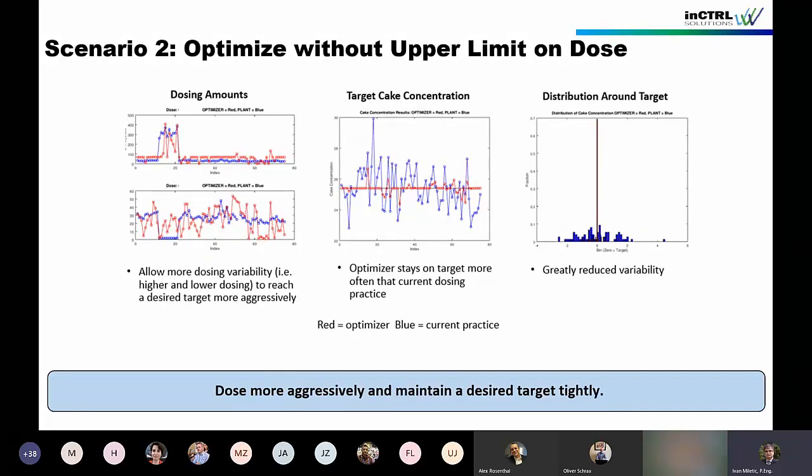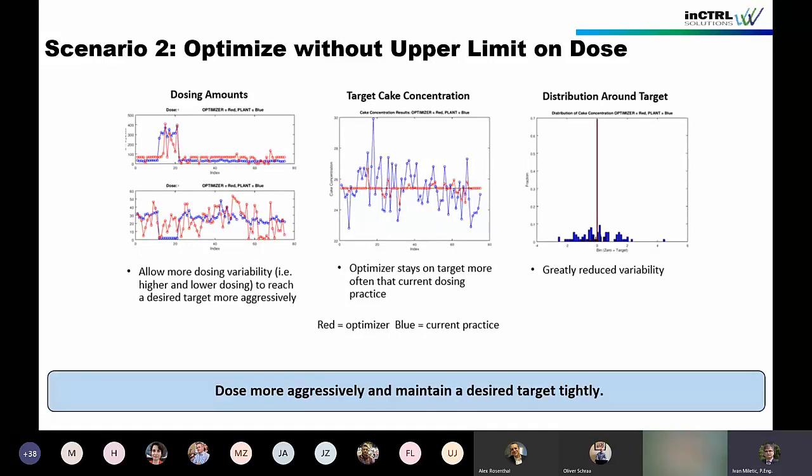The second outcome is that when we lift that constraint and allow this model predictive control scheme to be more aggressive, it can dose more than the plant currently does, or it can make the doses more variable as needed, which is what you see on the left side. But what that results in is a very tight meeting of the desired target cake concentration.